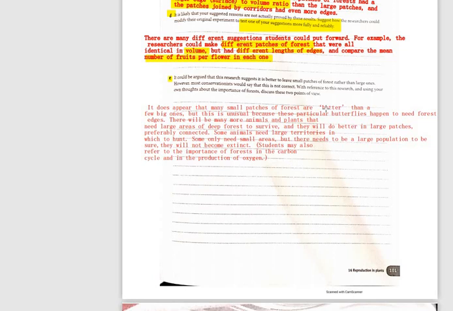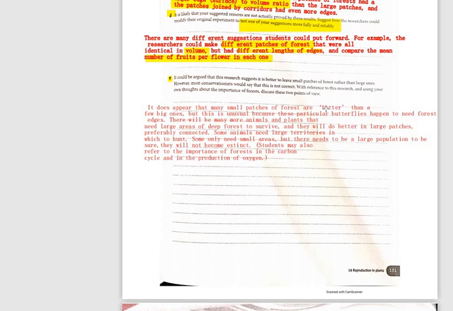So everything must be balanced, and there must be a large population so that they don't become extinct. A lot of investigation and experiments must be done to ensure that no species or organisms are harmed by making one patch small and one patch big.